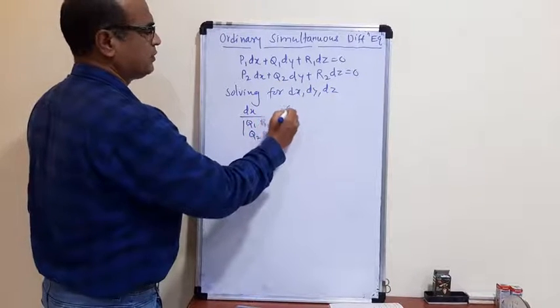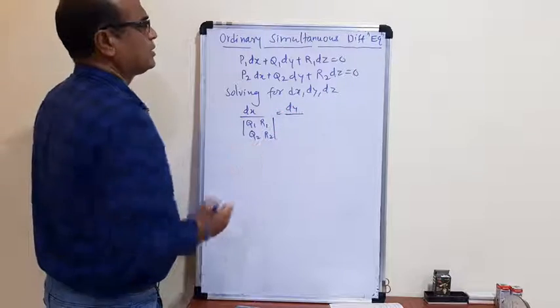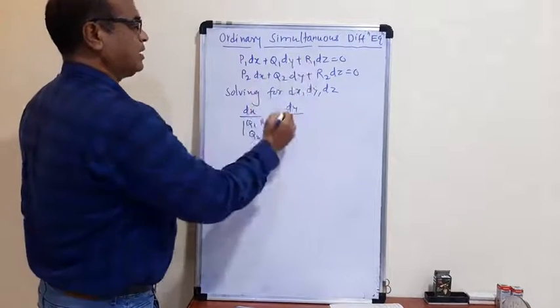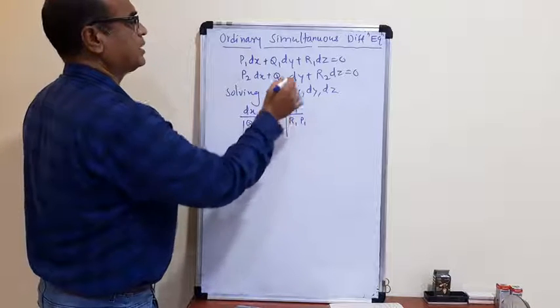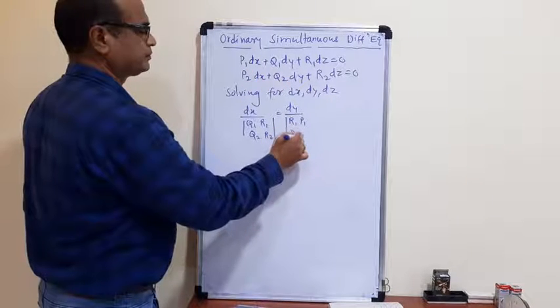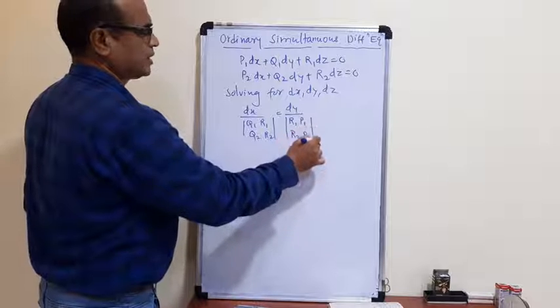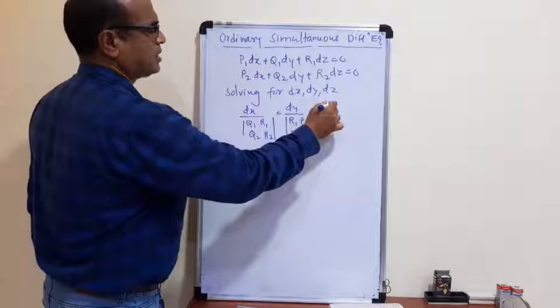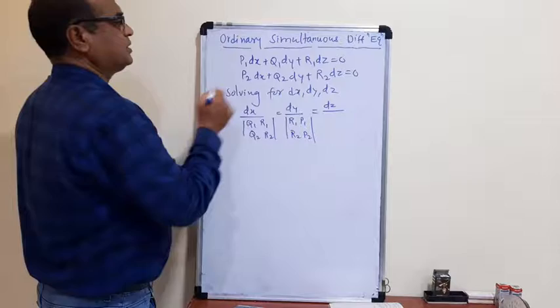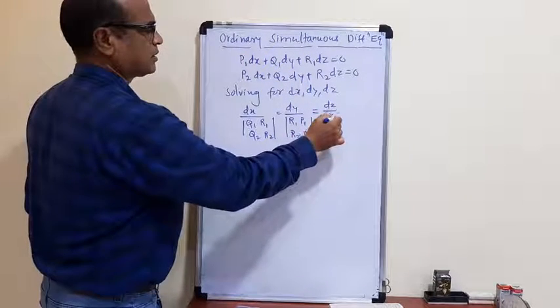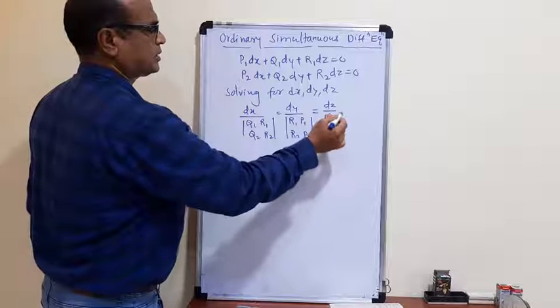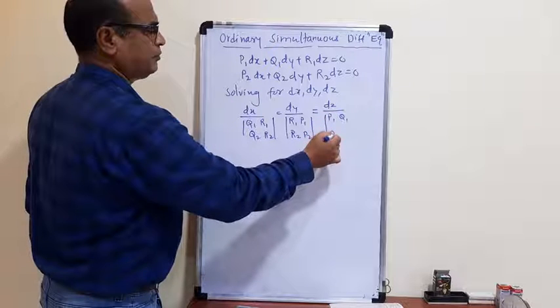It is equal to dy upon the determinant r1 p1, r2 p2, is equal to dz upon the determinant p1 q1, p2 q2.